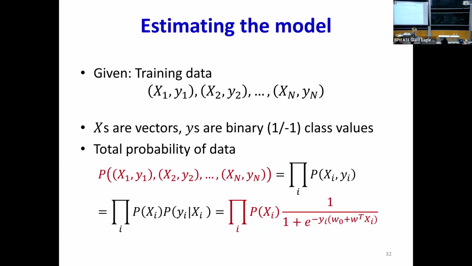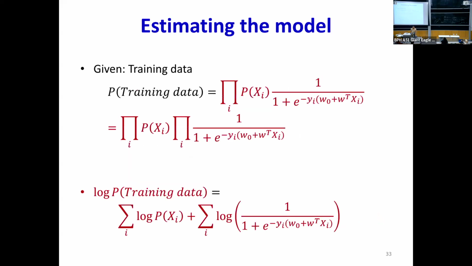Or alternately, we're going to take the log of this probability. The log is a monotonic function. So if you increase the probability, you're going to increase the log probability. Which also means the parameter setting at which the probability is maximized is also the parameter setting where the log probability is maximized. The nice thing about logs is that this multiplication simply becomes summations.